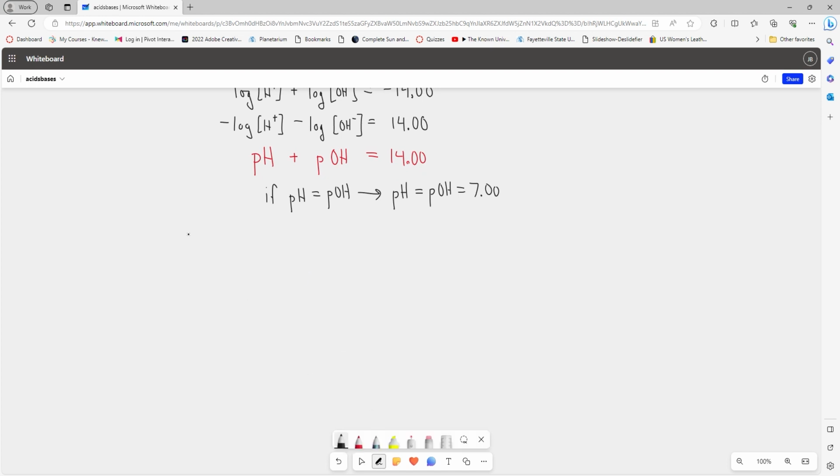Let's put all this together in a magic square. We'll have the pH on one corner of it and the pOH on the other.